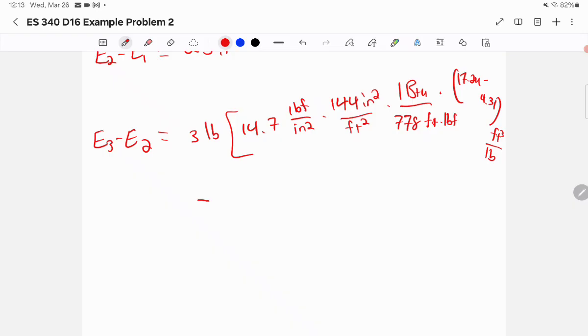Minus the T naught, which is 537 degrees Rankine, times minus 1986, excuse me, BTU per pound degree Rankine divided by 28.01.